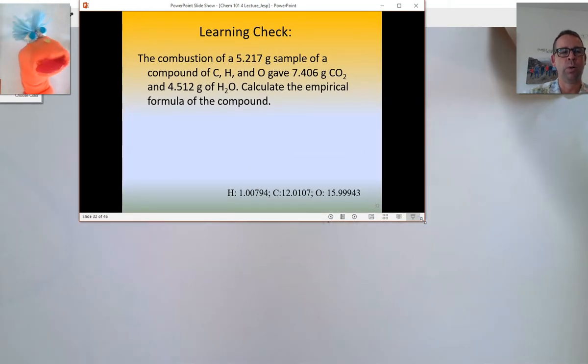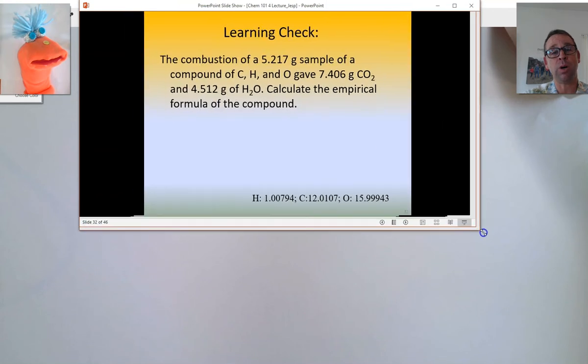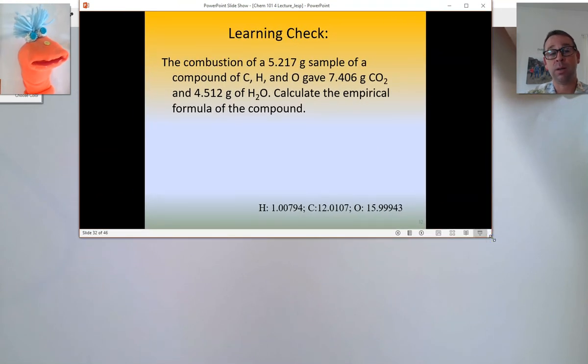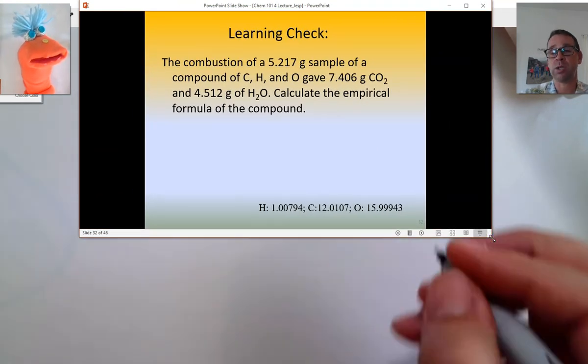Well, just take a deep breath and read the problem and find out what we're after. It says we want the empirical formula. Well, remember, the empirical formula is just the molar ratio of our, in this case, carbon, hydrogen, and oxygen, right?